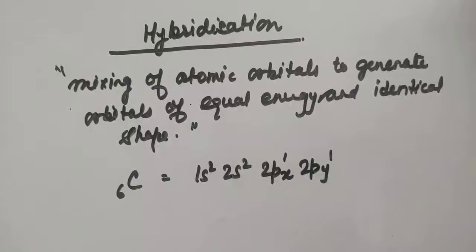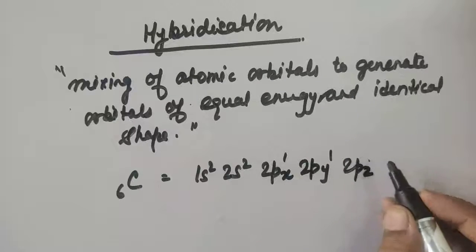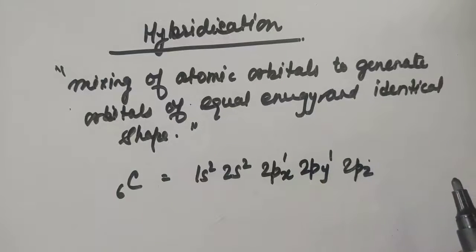To overcome this problem, it was suggested that 1 electron in the completely filled 2s orbital becomes unpaired and jumps to the empty orbital, that is 2pz, without consuming an excess amount of energy.